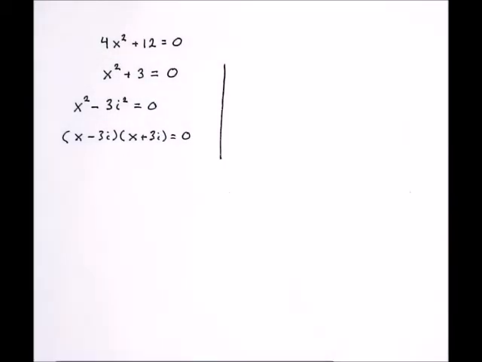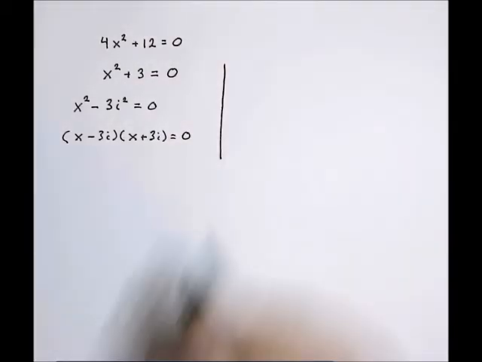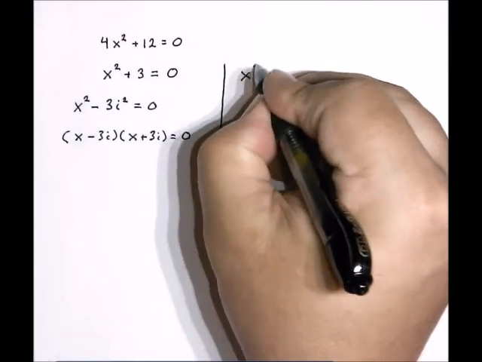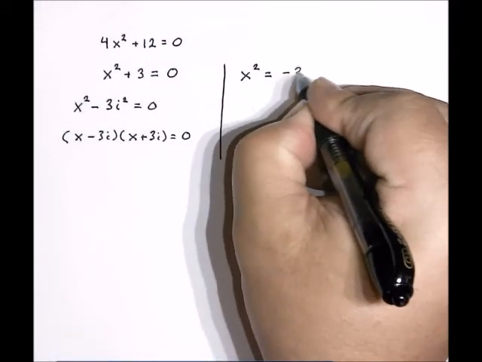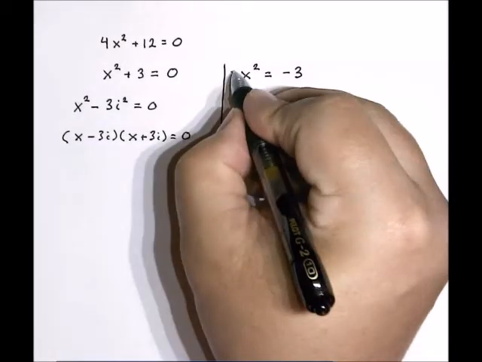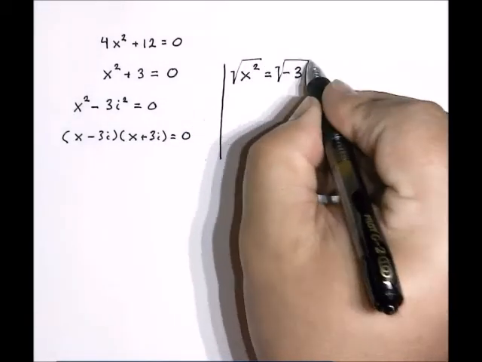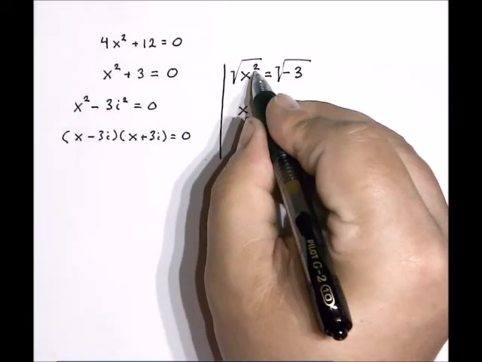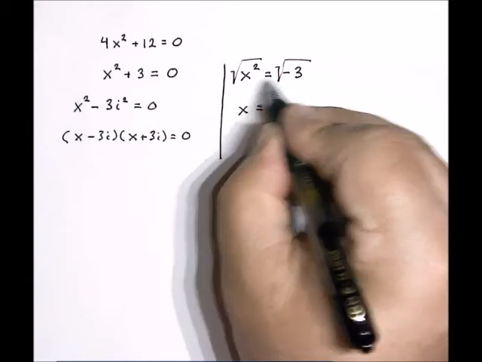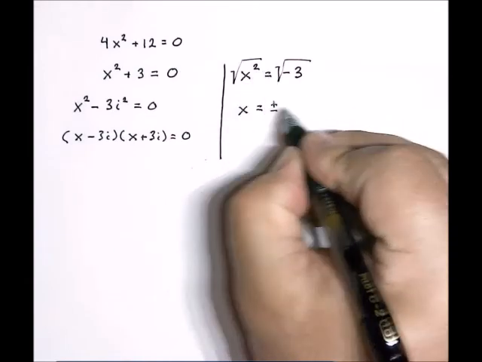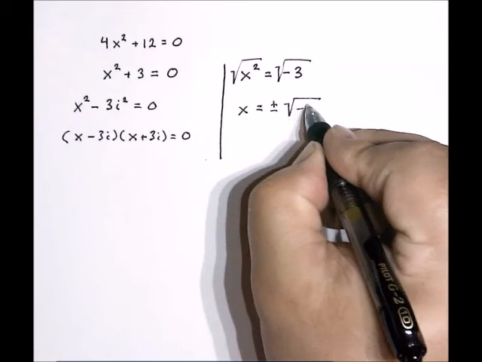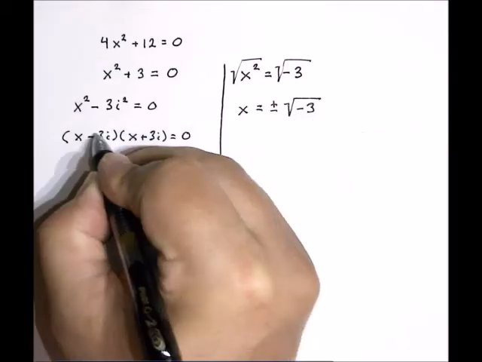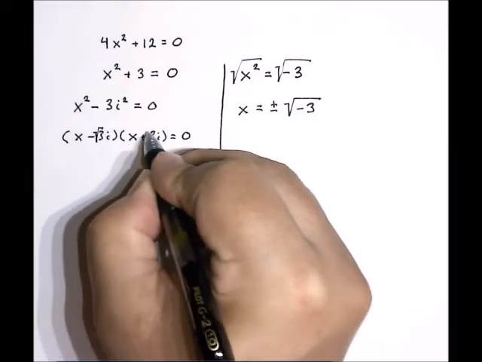If I'm going to extract roots, I move the 3 over to the other side, take the square root, which gets rid of this square, but since I've gotten rid of that square, I have a positive part and a negative part. Excuse me, those should be radical 3's.